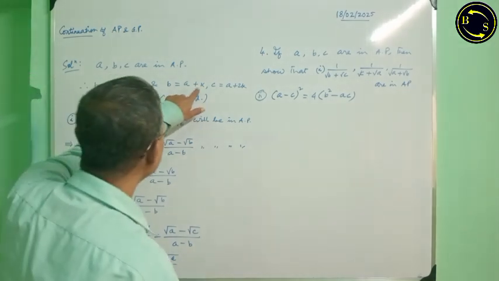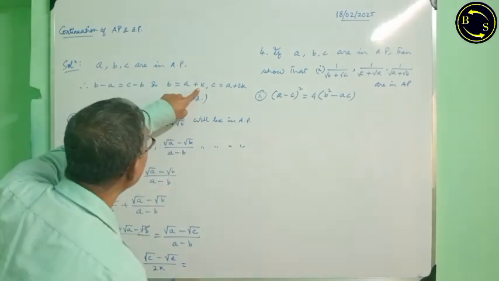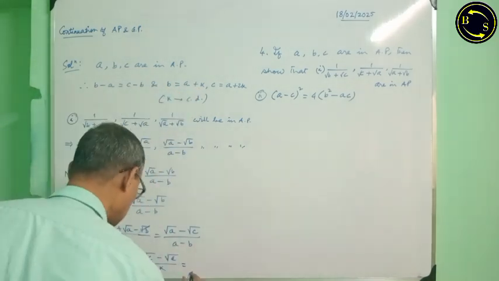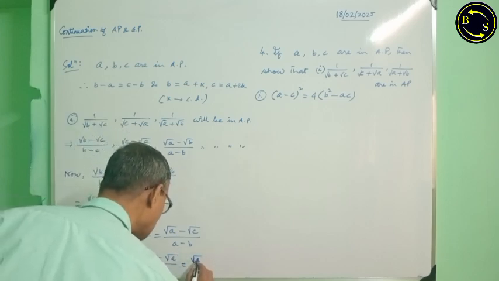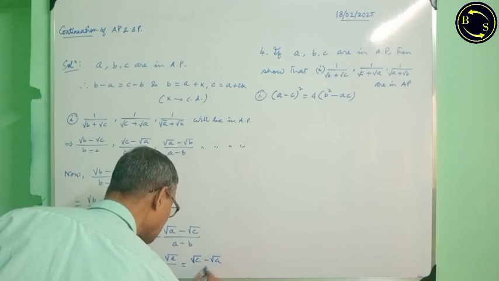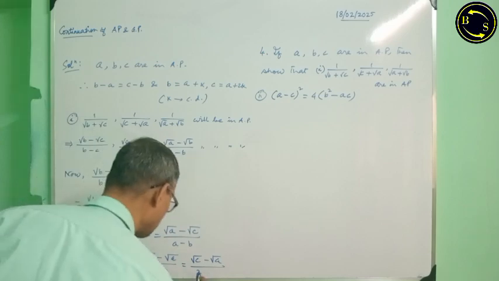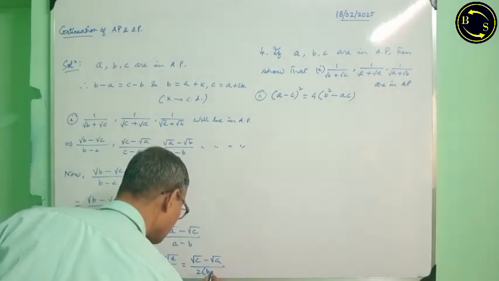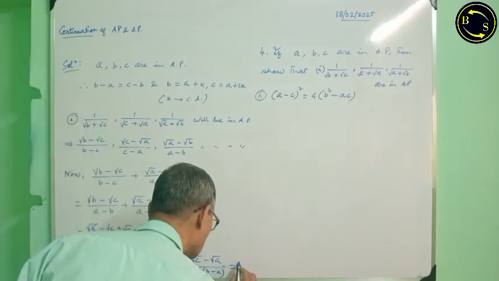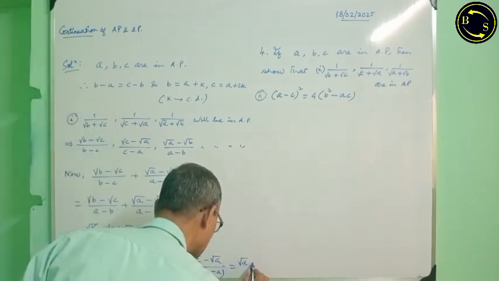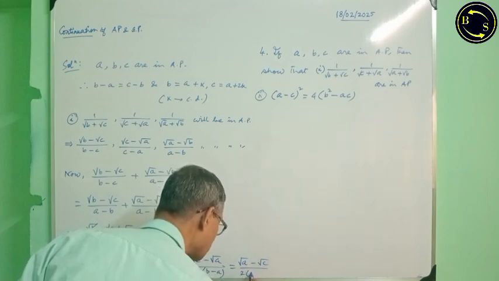Again, K is equal to B minus A, so root C minus root A by 2 into B minus A. That is equal to, multiplying both numerator and denominator by minus 1, we get the following.